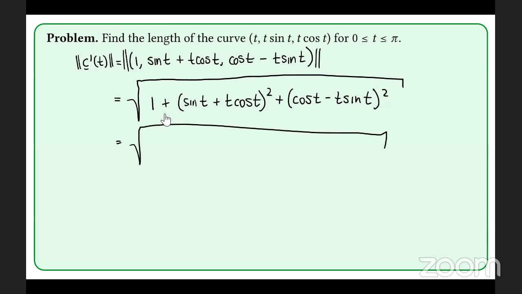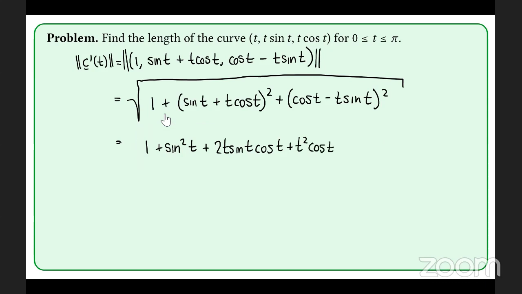Okay, so we get 1 plus sine squared of t plus 2t sine t cosine t, plus t squared cos squared t. And we're going to have a rather large square root here.